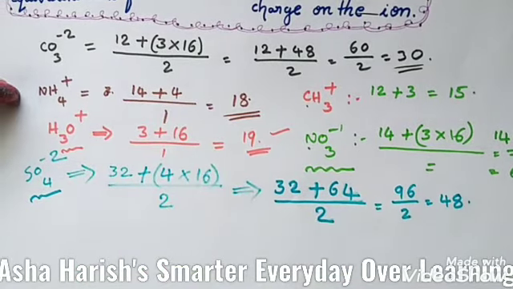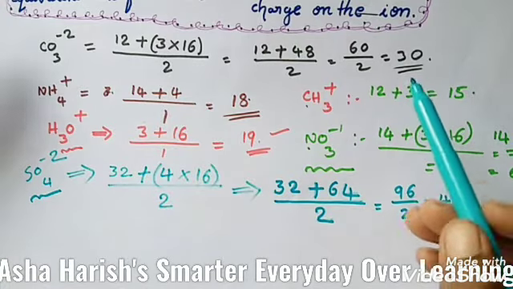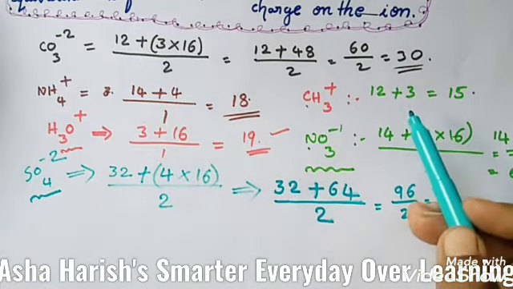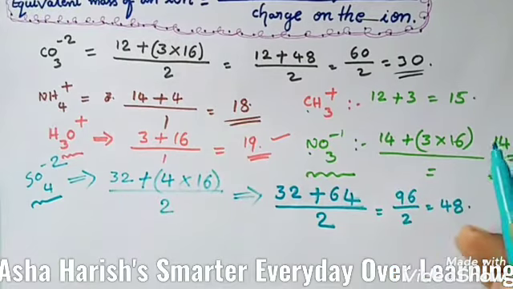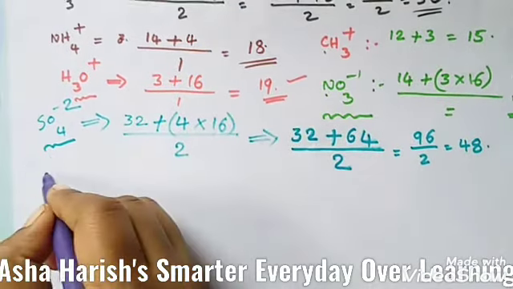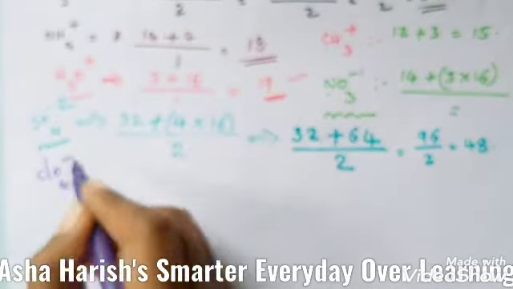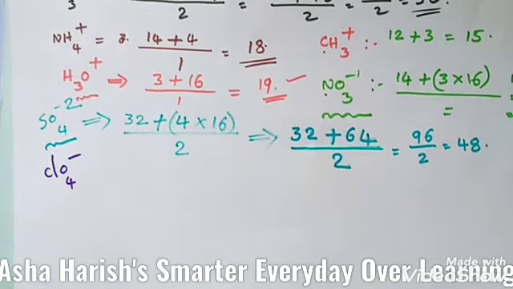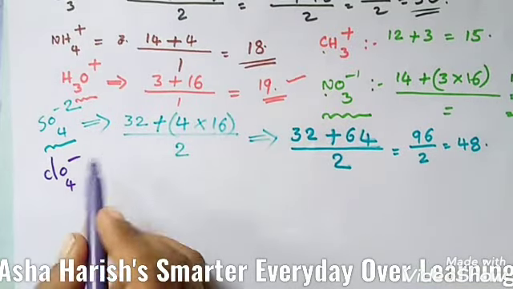Okay students, now let us see the last example, then you should get a grip on this topic, the trick to find the equivalent masses of ions. Next one is the perchlorate ion. The formula is ClO4 minus. Here are chlorine and oxygen.